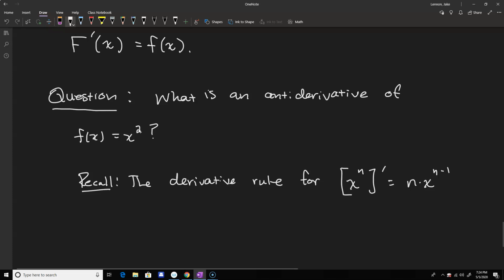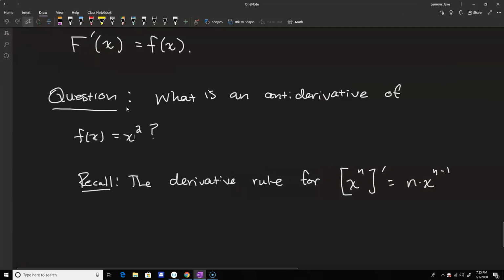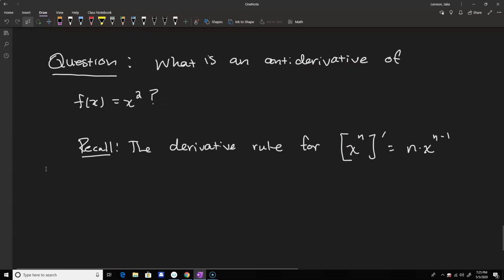If you have a polynomial function that has an exponent of 2, and you wanted to say, well, who is going to have a derivative that results in x squared, it would actually have to be 1 bigger, because the derivative rule is lowering the exponent by 1 each time. So we might think, okay, well, what is the antiderivative? It's probably got to have a power that's a 3.